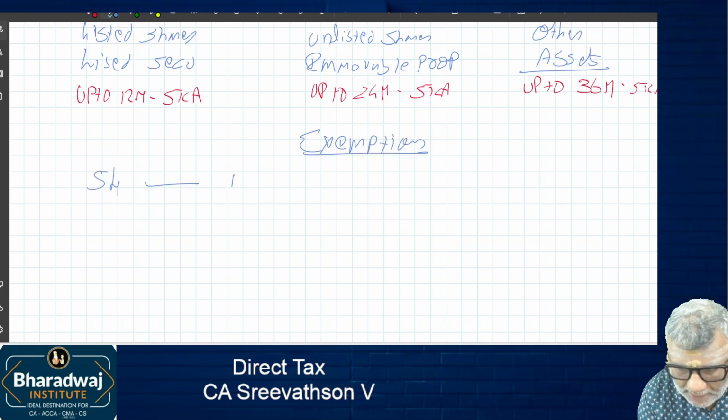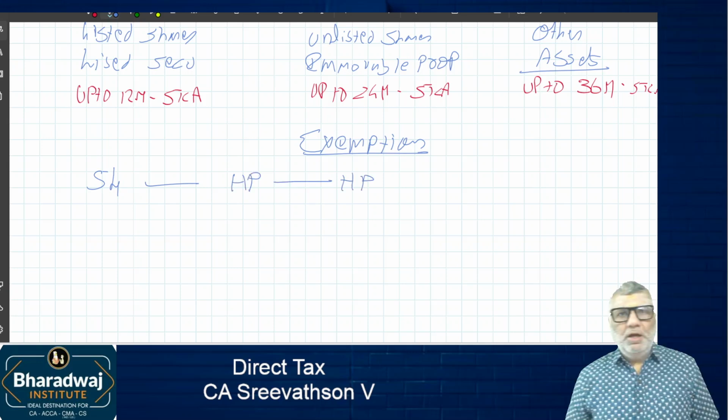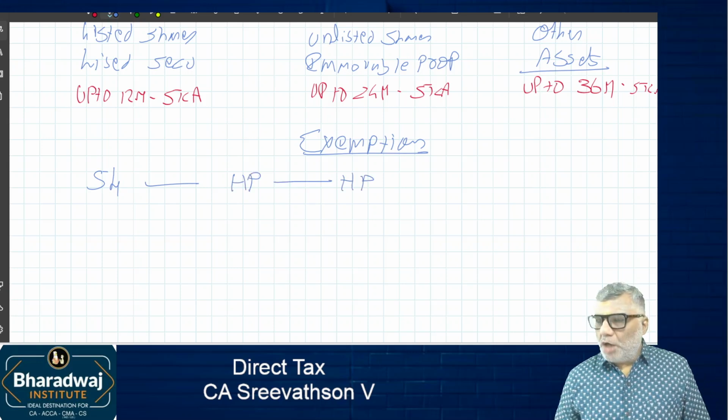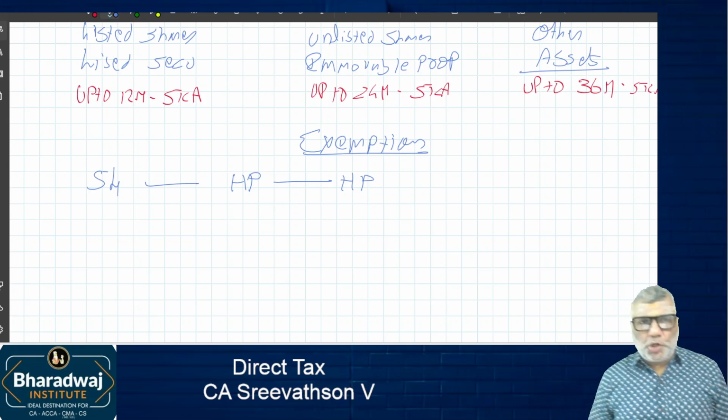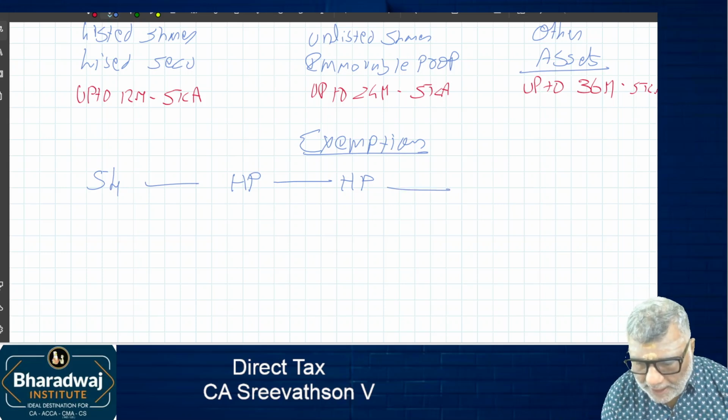54. House property to house property. What is sold is also a house property. What is invested is also a house property.